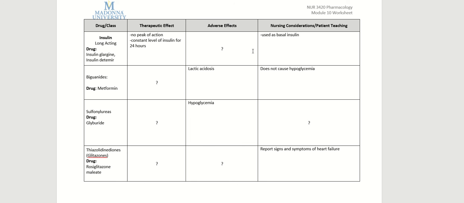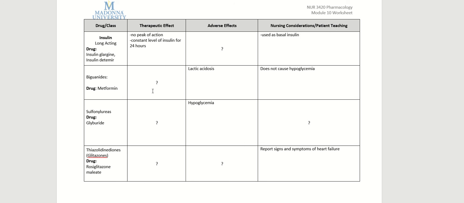So I'm going to go through a few of these, not all of these medications, but there's a couple of them I wanted to make sure that you were aware of and that you had this information on your sheet. So metformin is one of our biguanides, and you should know that one of the adverse effects for metformin is lactic acidosis.